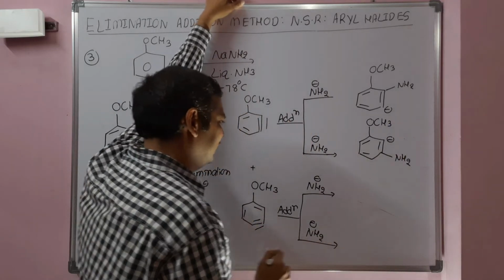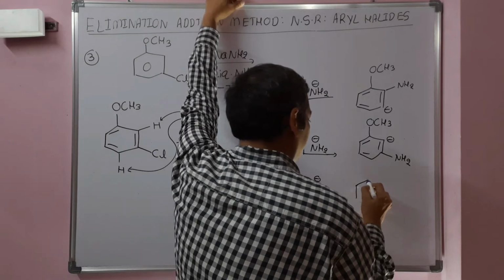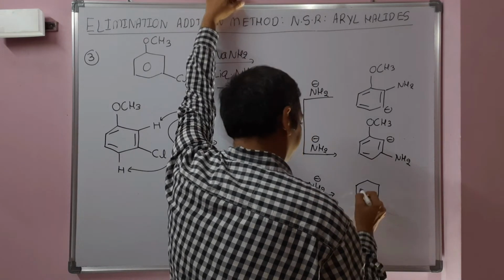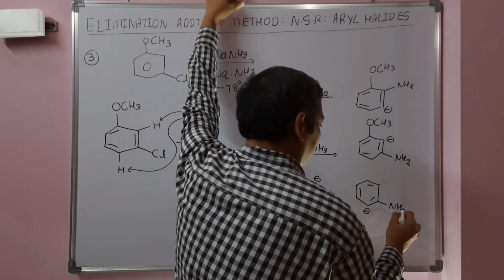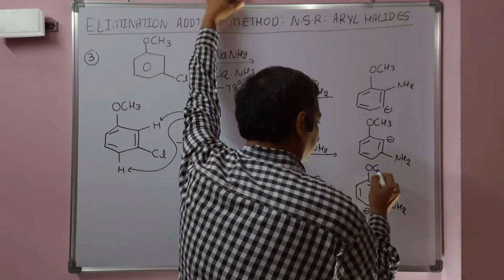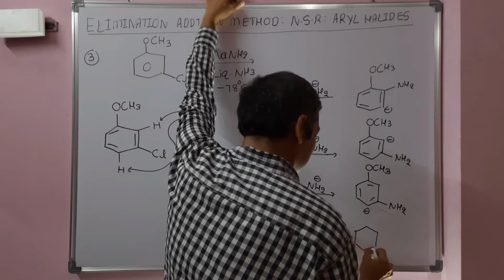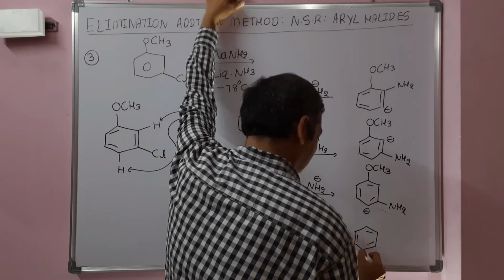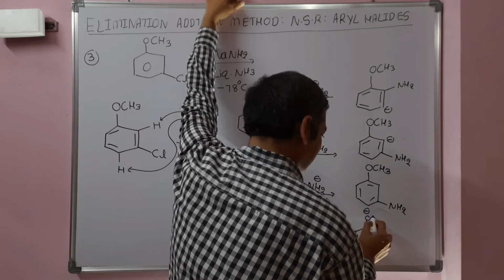Coming to this benzyne, there are two possibilities again. If NH2 minus attacks here, then the carbanion is at para. If NH2 attacks at meta, then the carbanion is ortho to the methoxy. If NH2 minus attacks at para, then the carbanion is at meta to OCH3.